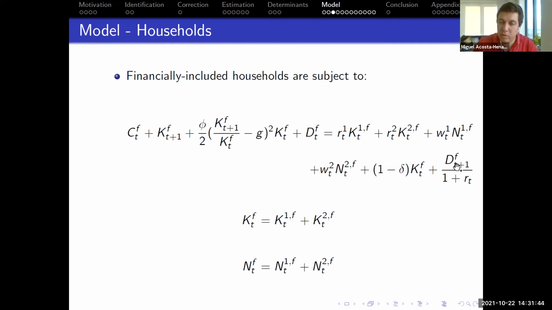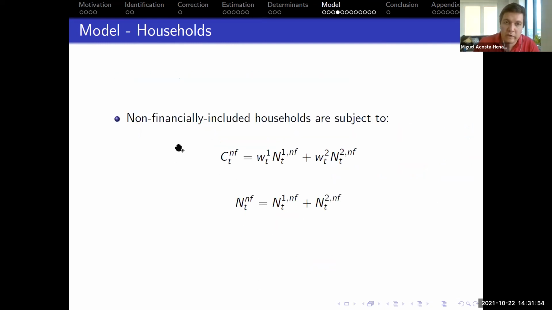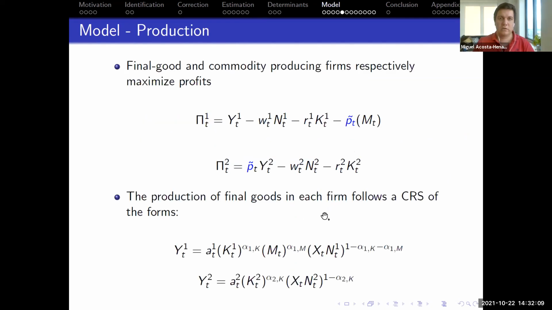They can borrow by issuing one-period non-state-contingent bonds in financial markets. Non-financially included households can only consume. They have no means of saving or providing capital whatsoever, so their income comes only from labor in each of the sectors.